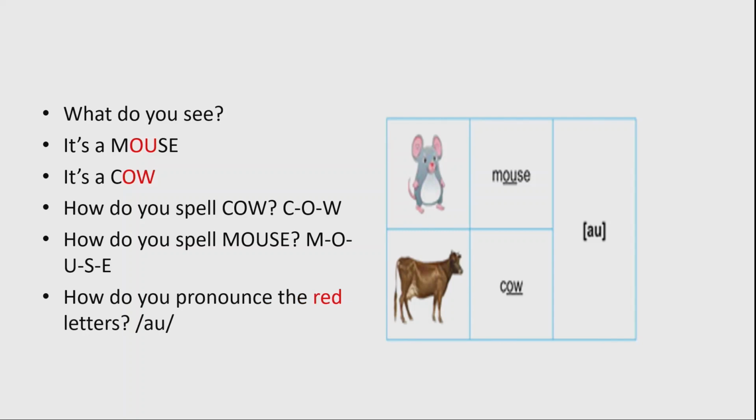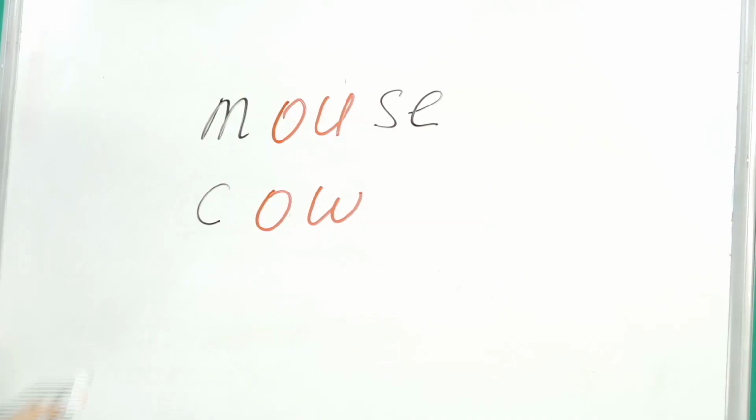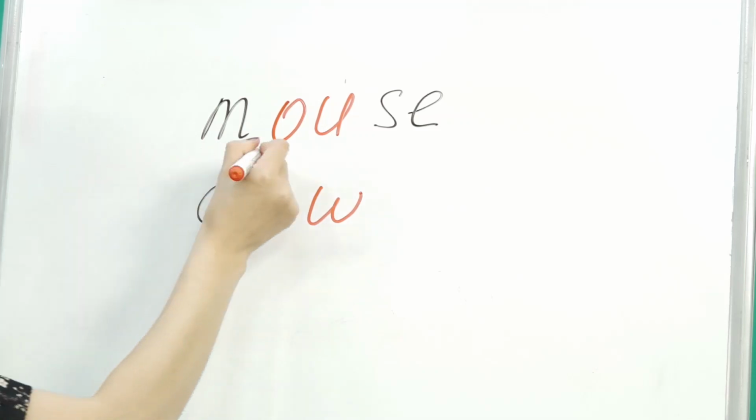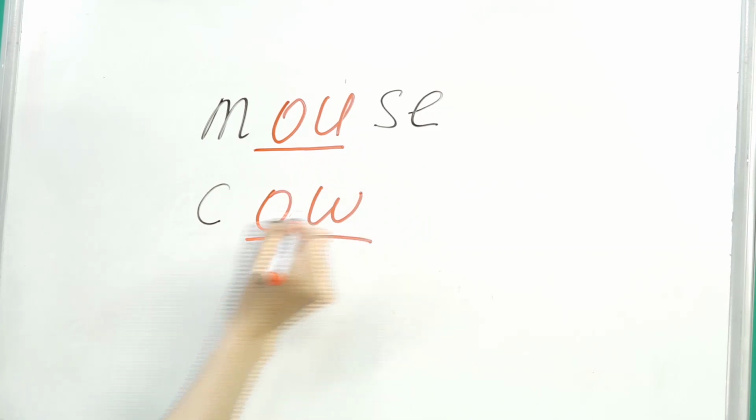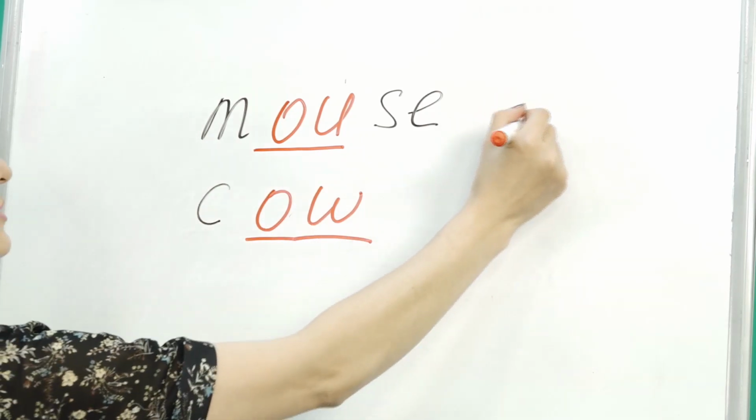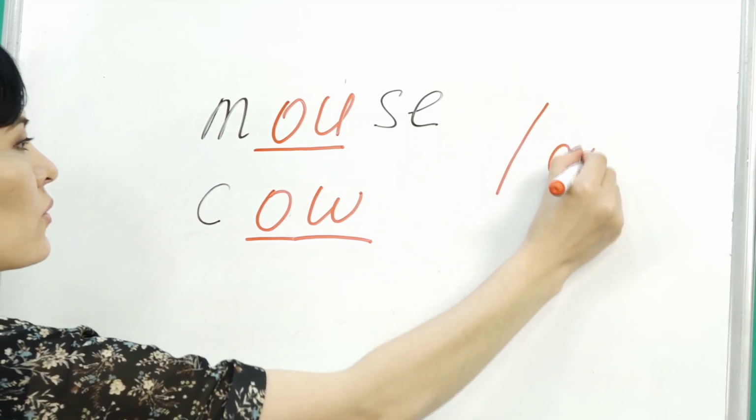How do you pronounce the red letters? Yes, you pronounce ow. Look at the board. We have mouse and cow. Look at these letters O, U, and O, W. Here we have sound ow.